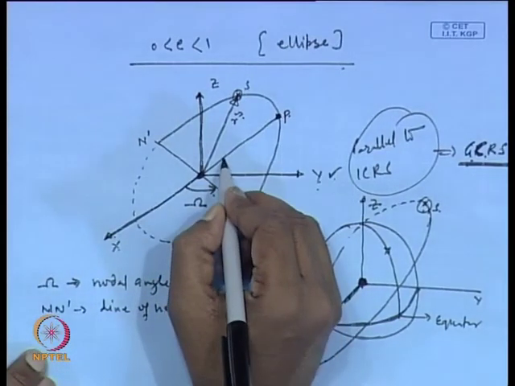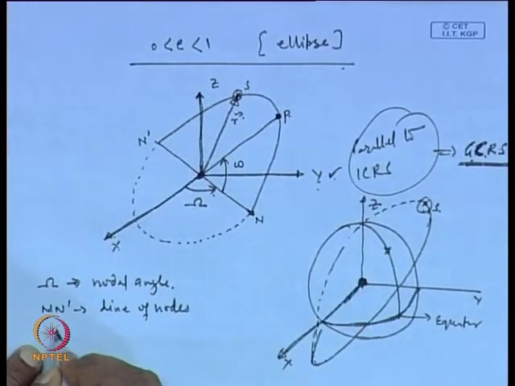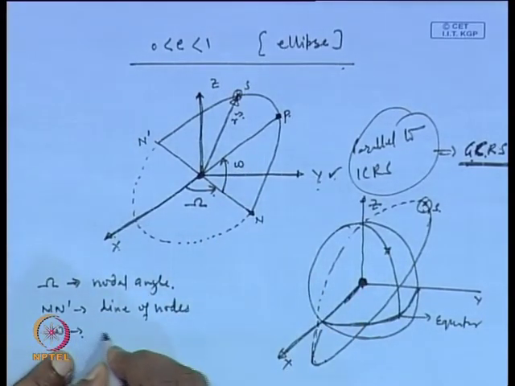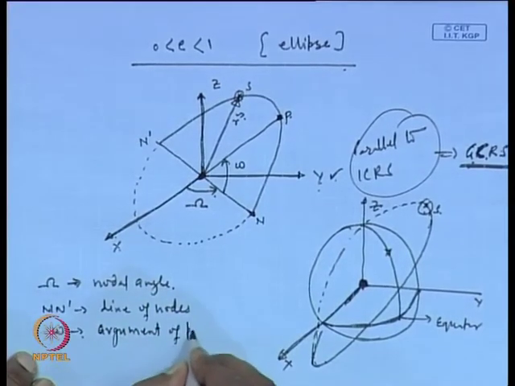The angle from here to here is written as small omega, and this small omega is nothing but the argument of perigee.